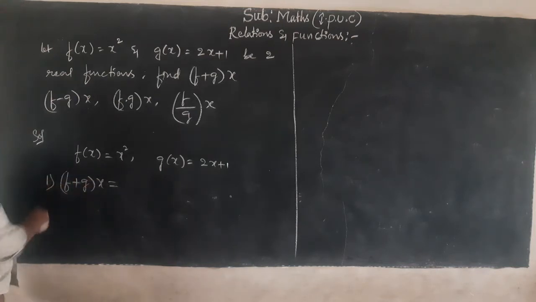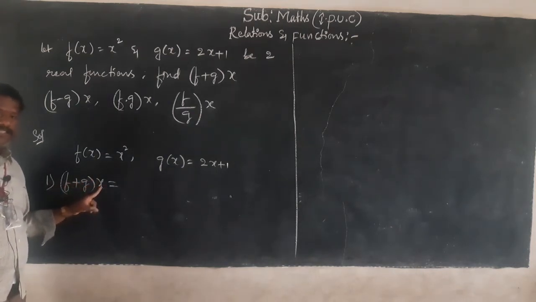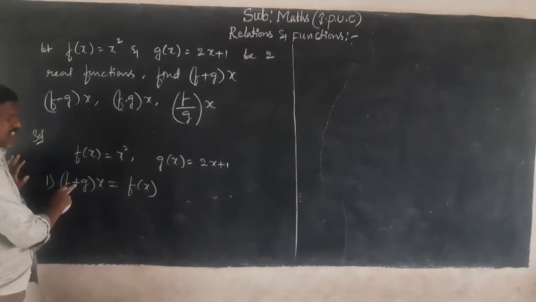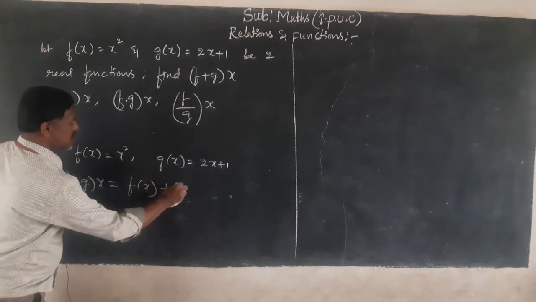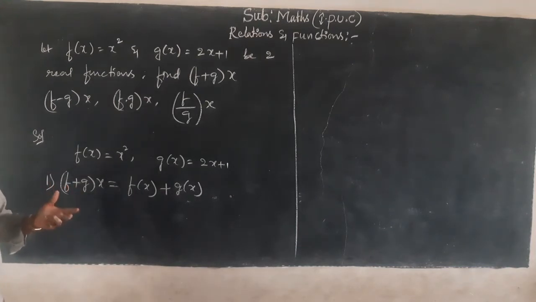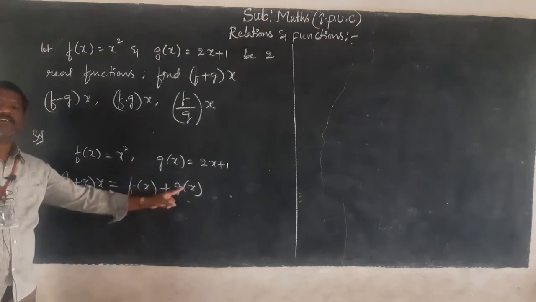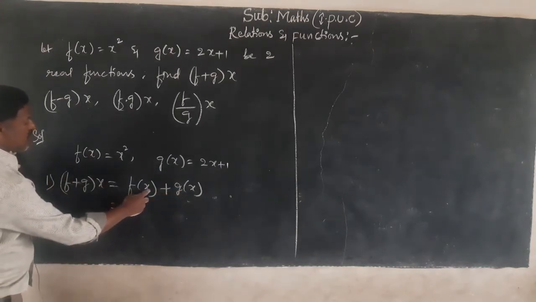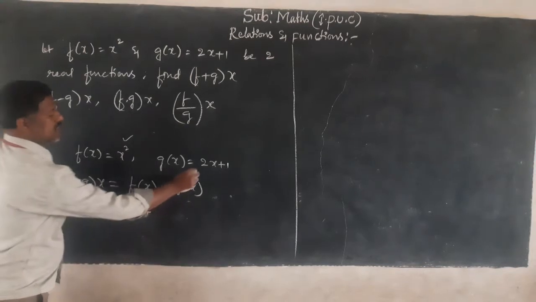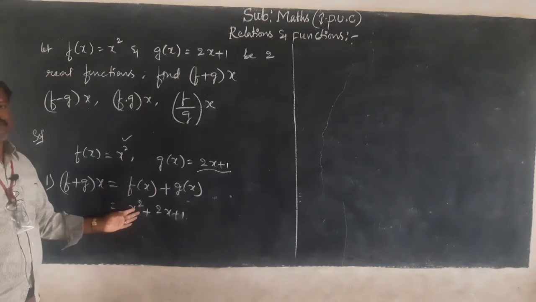It's very simple, f plus g of x is equal to f of x plus g of x. In place of f of x, let us write x square. In place of g of x, let us write 2x plus 1. Yes, this is what we call the answer.